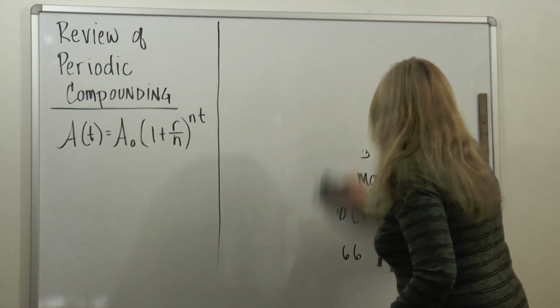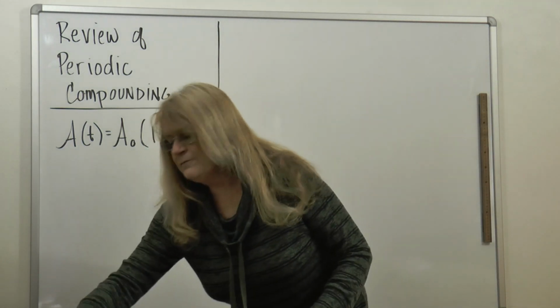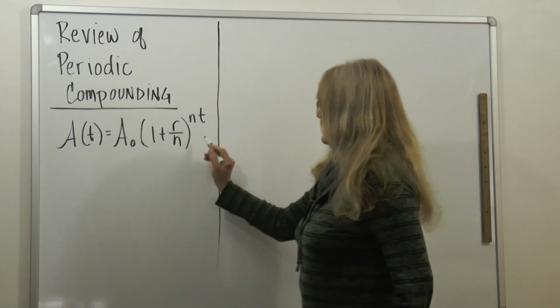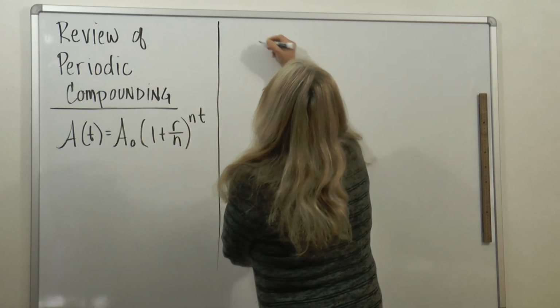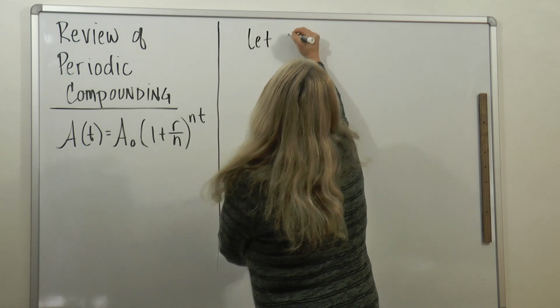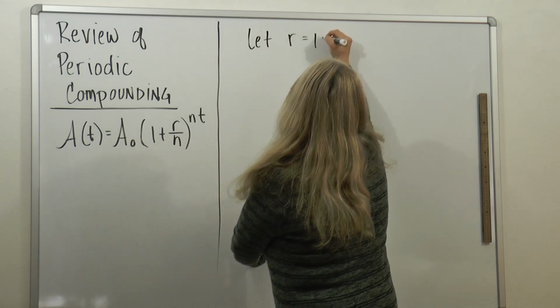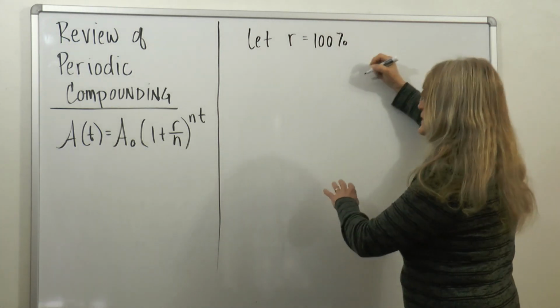Now, if I take a look at this part of it, I'm going to let R, my APR, equal 100%. This is for the sake of argument.